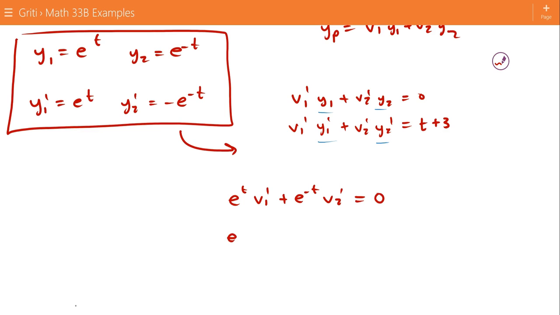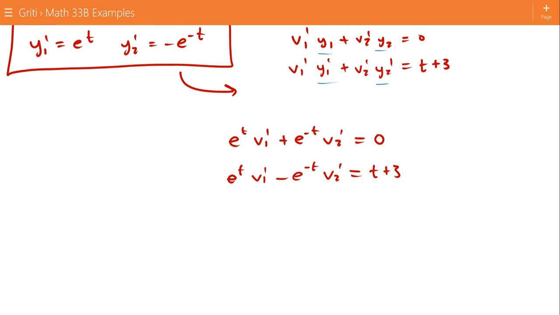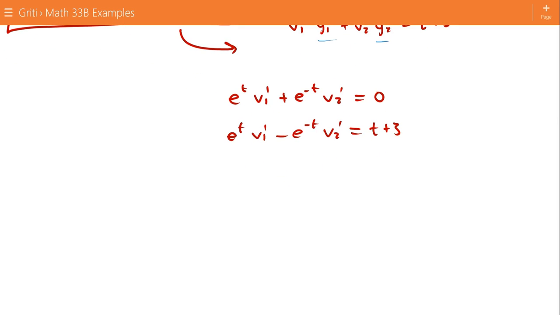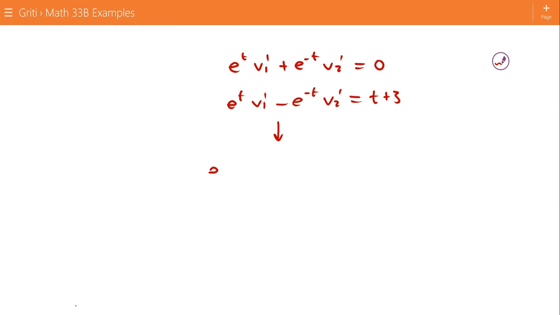And we get e to the t v1 prime minus e to the negative t v2 prime equals t plus 3. So we can solve the system any way you want. I'm going to convert this into an augmented matrix. e to the t, e to the negative t, 0, and e to the t, negative e to the negative t, and t plus 3.